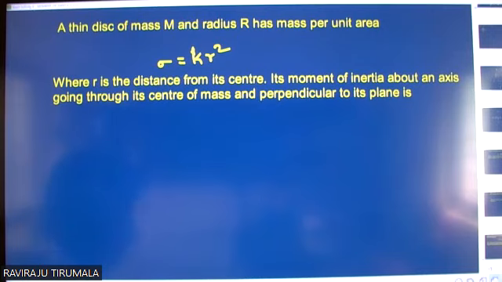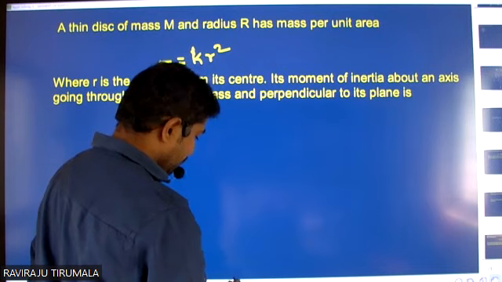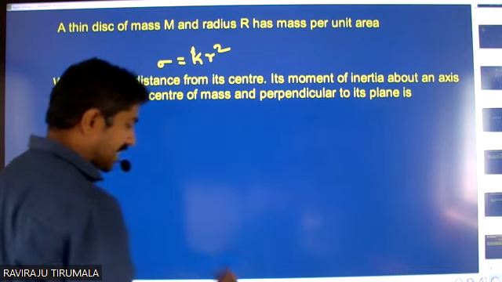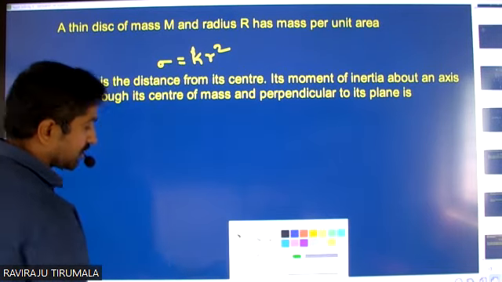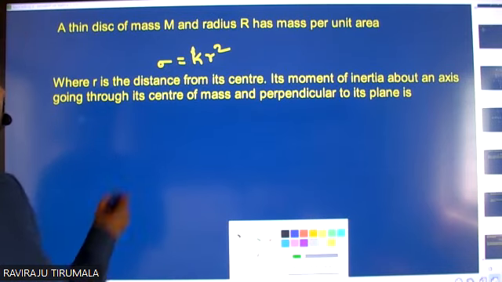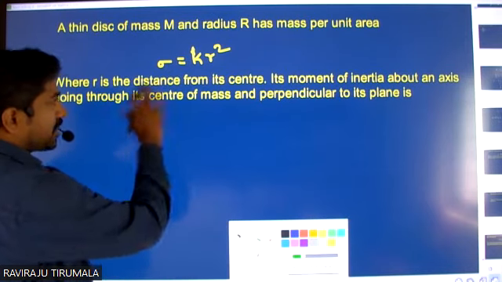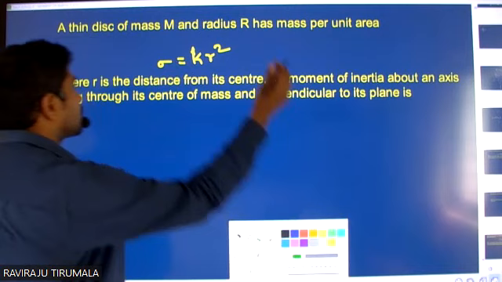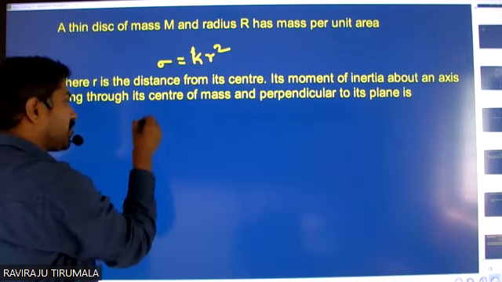Its moment of inertia about an axis going through its center of mass and perpendicular to its plane is. Here also a disk is taken, so the same method we have to use. I will quickly explain this because I already explained the same model, so I won't draw the diagram again and again. I will go through the formula for moment of inertia.